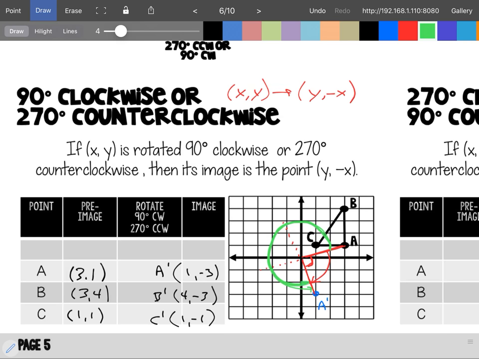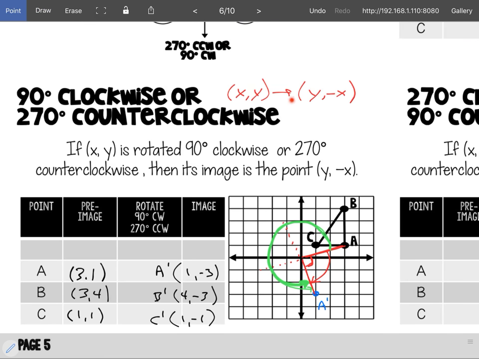That would be the same as going 270 degrees in the other direction, counterclockwise. That's why it's the same rule for both of them. So when you take your quiz, you're going to have this note packet. So all you've got to do is look on there and say, okay, I need to go 90 degrees clockwise. So you flip through and you find the one that says this rule right here. And then you just do that to the coordinates, and that's it.